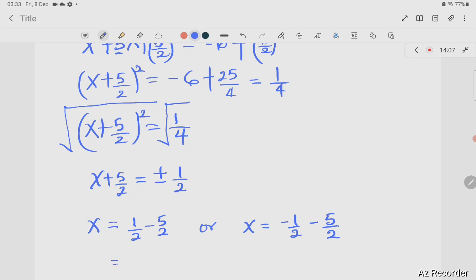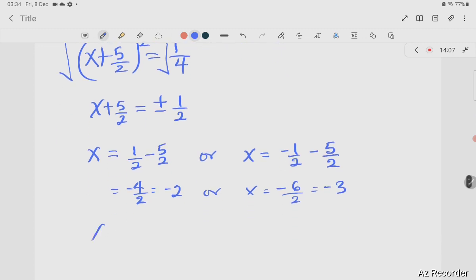So this gives us minus 4 over 2, which is equal to minus 2, or this gives us minus 6 over 2, which is equal to minus 3.